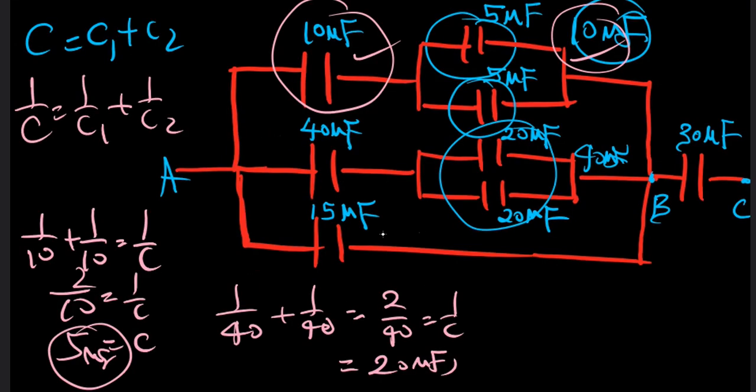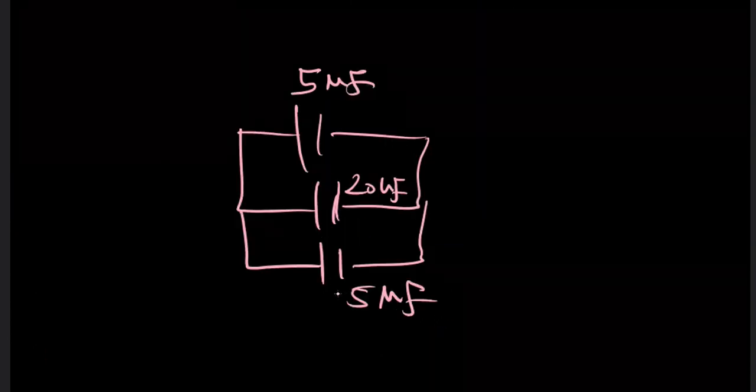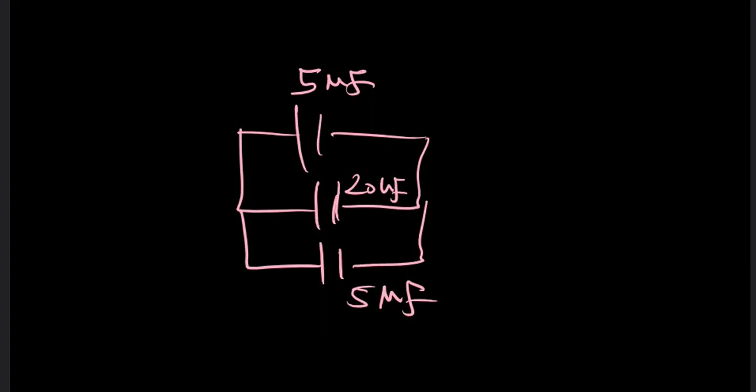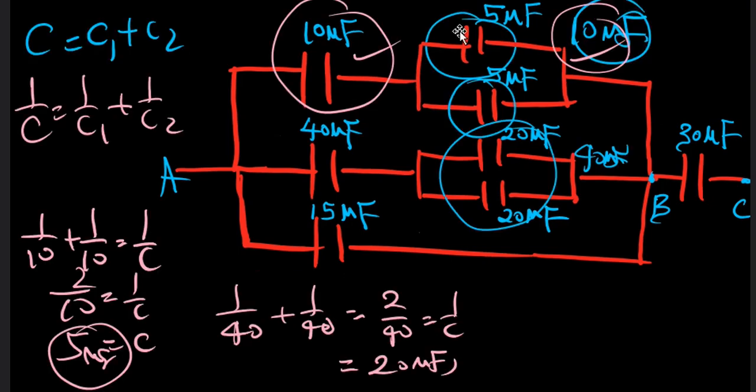Let's look at the diagram. Yes, 10 and 10 gives 5, 40 and 40 gives 20, and 15. I add 15 right here, it's 15, and we have BC 30 microfarad, and it is in series with this circuit.